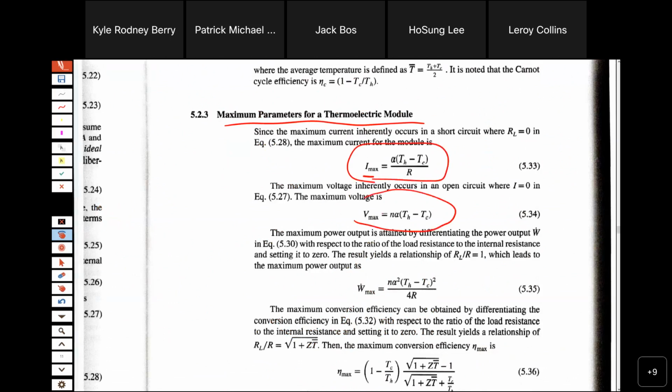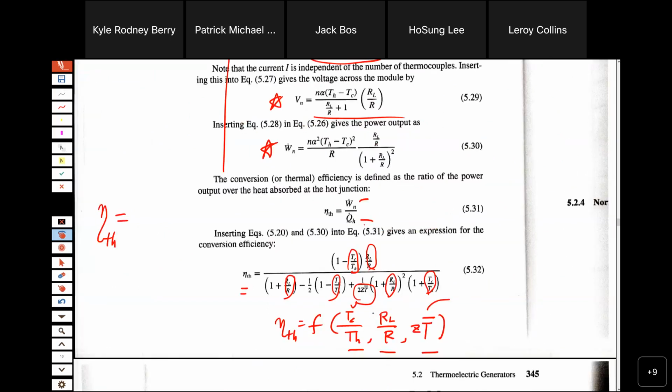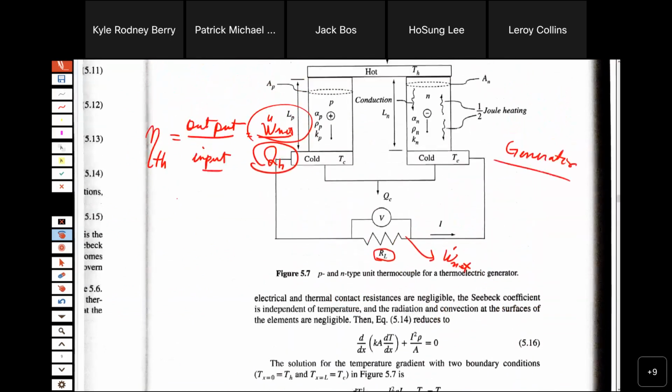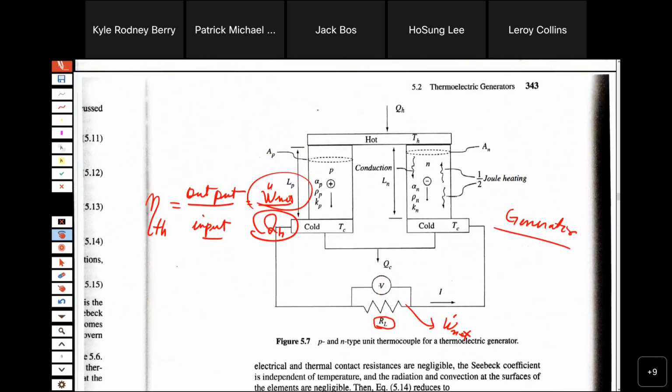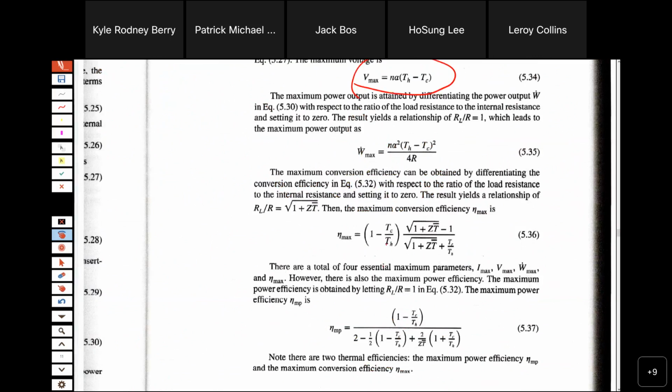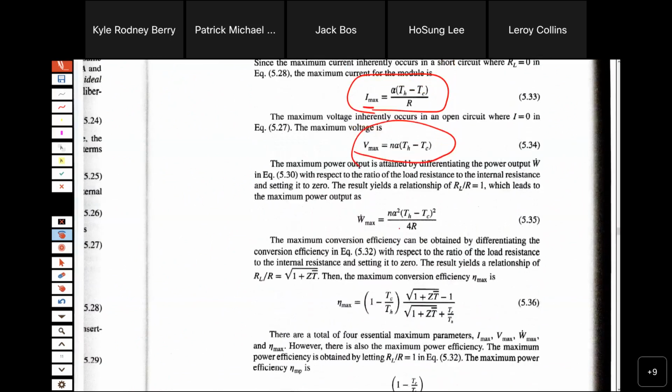How about the maximum voltage now? Voltage, maximum voltage possible. It's an open circuit. Yes. So once you open the circuit, you get the maximum voltage.